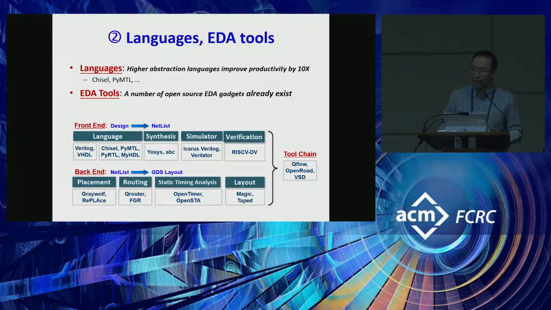The next talk will talk about RISC-V DV. For the back end, there are also many open source tools, like Qflow and OpenROAD from the previous talk. What we need to do is make them more stable, high quality, and fast.